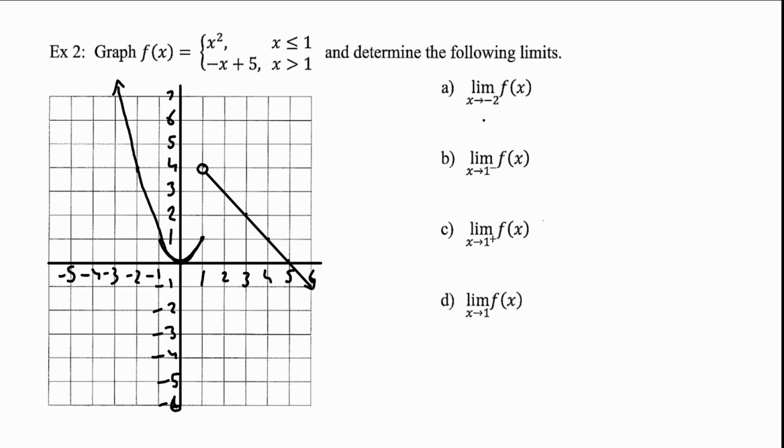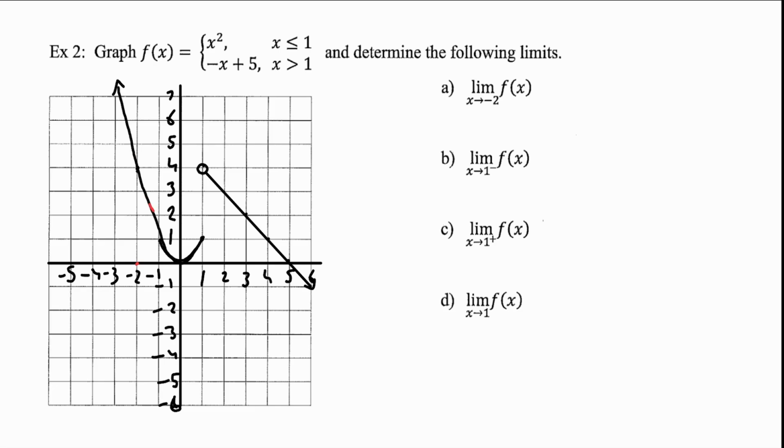So now we're asked to determine the following limits. The first limit is when x approaches -2. It doesn't specify whether it's the left side or the right side, so we're going to have to approach -2 from both sides. So here we have x is equal to -2, and we need to approach it from both sides.